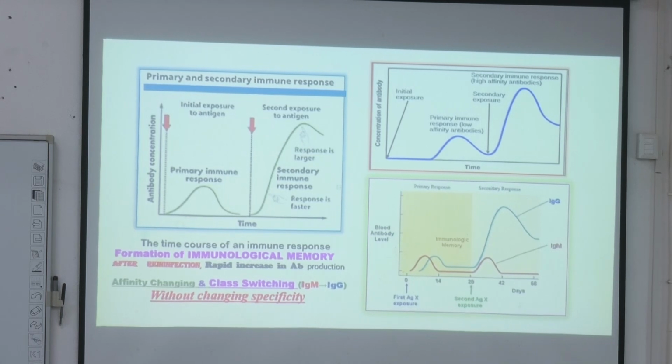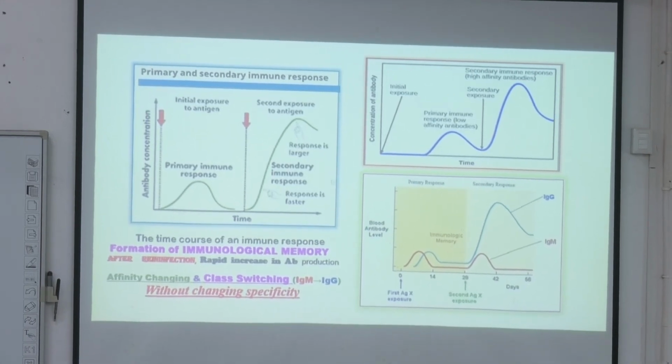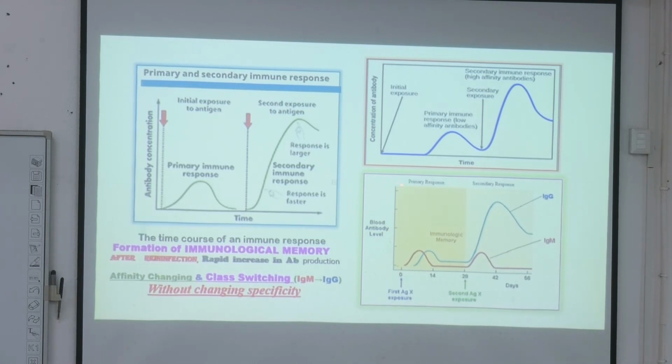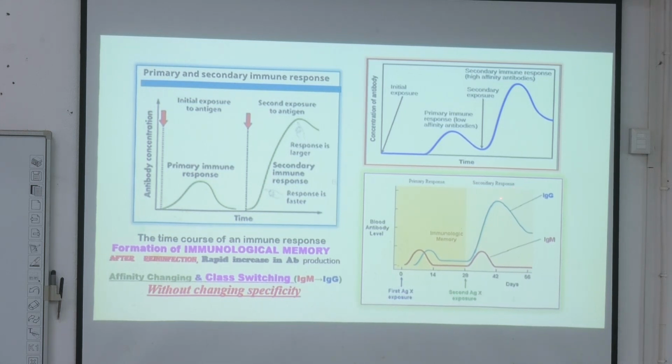The moment we get a first infection, that is called the primary response. In the primary response, the antibody response is very low, because we don't have that many antibody-producing B cells. In this phase, some B cells are produced which form antibody, and the rest of the cells remain as memory cells.